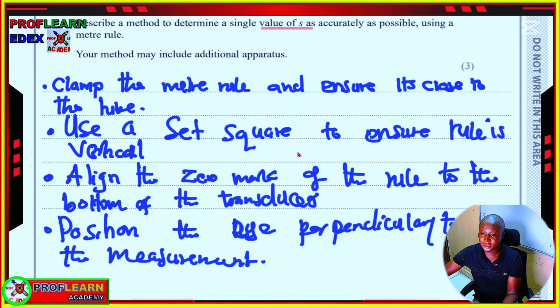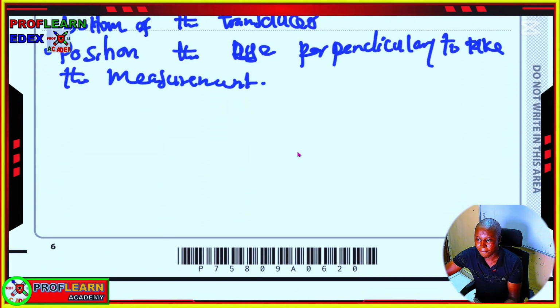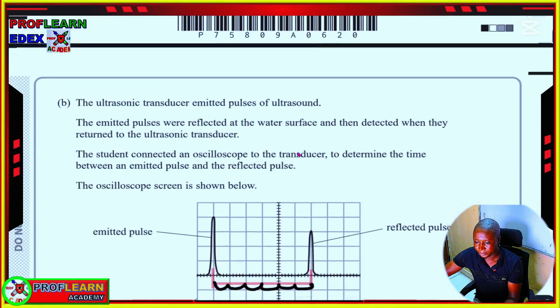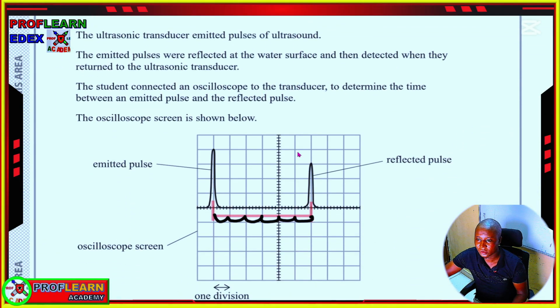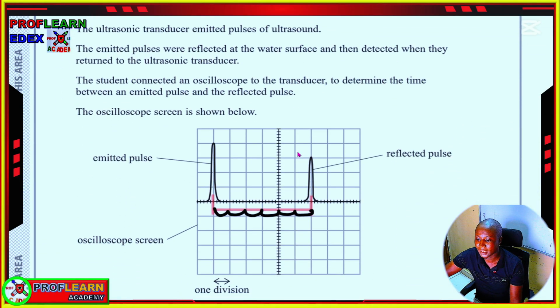So these are the steps you need to follow. Clamp the meter rule, use a set square to ensure that the meter rule is vertical, align the zero mark, and then position your eye perpendicularly to measure the measurement.